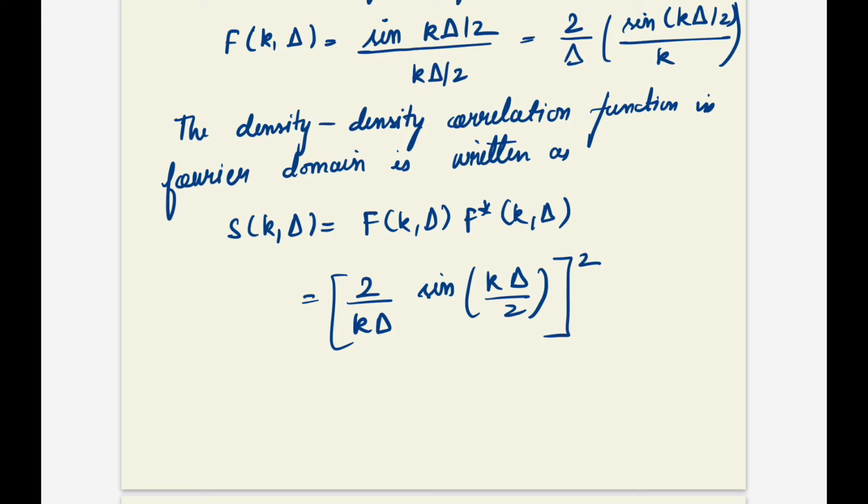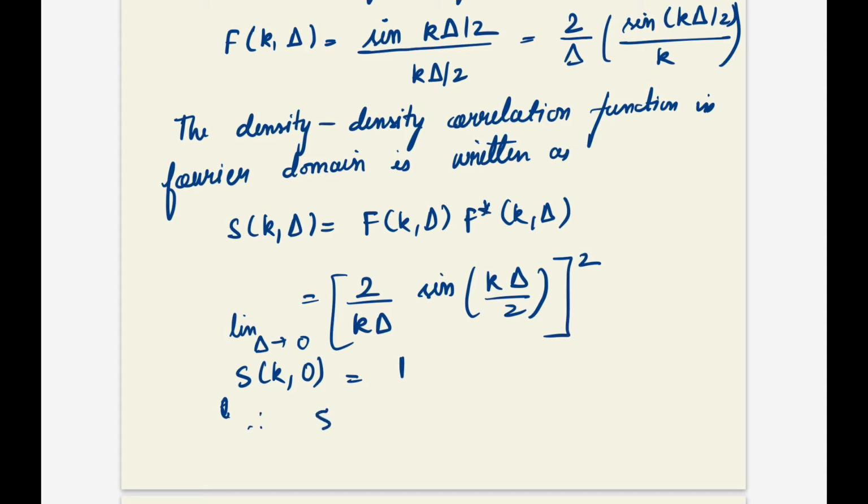Now another part of which we have to take the ratio is S of k0. When the limit delta tends to 0, the sinc function becomes 1.